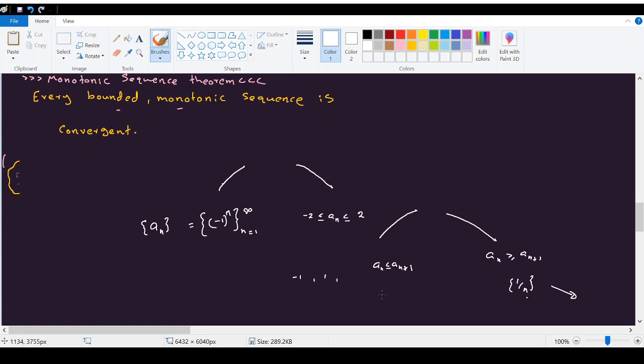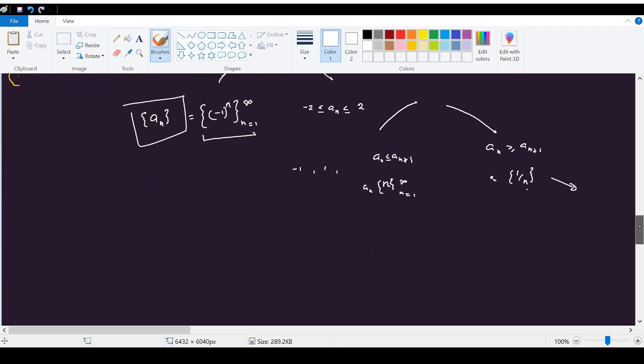And here, in this sequence, when n increases, the total value will always be increasing, right? Here an is equal to n, and there an is equal to 1 over n. But in the earlier case, it does not have such an increasing or decreasing property.